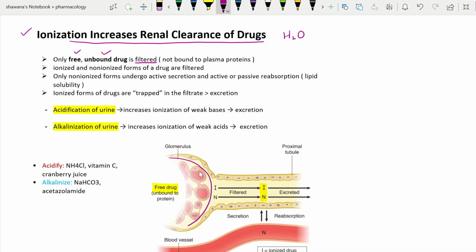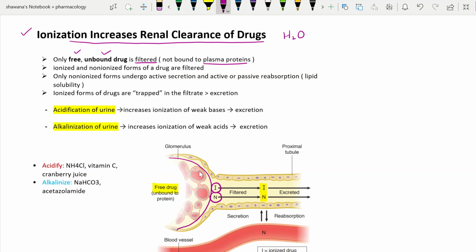Filtration occurs of the free and unbound drugs which are not bound to the plasma proteins, and whether the drug is ionized or non-ionized, both of them are filtered. Like you can see here in the diagram, ionized drug and non-ionized drug both are filtered, but only filtered. These are not reabsorbed. We'll see in a second.